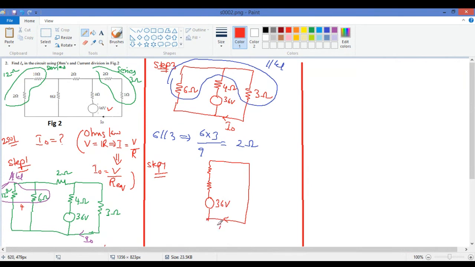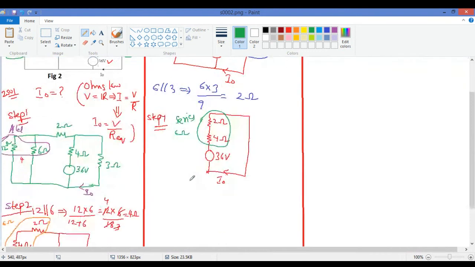Okay, so I naught. So this is 2 ohms and this is 4 ohms. And again, it is clear from the figure that both of them are in series. This will become 6 ohm. So step 5.